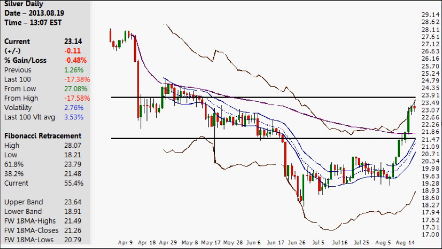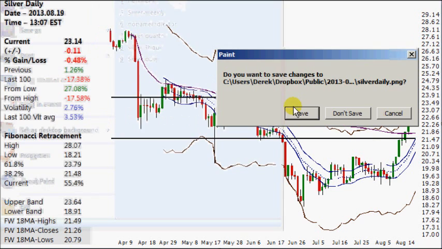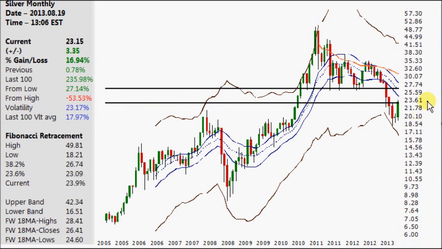Let's now switch this off to the monthly chart, and what we have here is a move of 17% up to this significant resistance level. What makes it significant? Well, I calculate Fibonacci by taking the high of a key period, which is this high from April of 2011, 4981, and the last low from a couple of months ago at 1821.